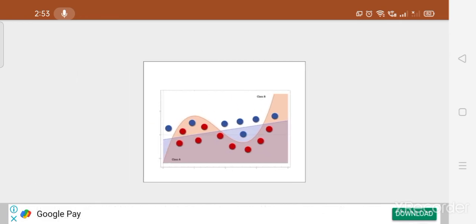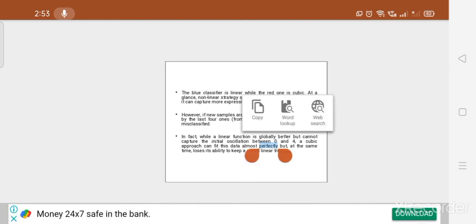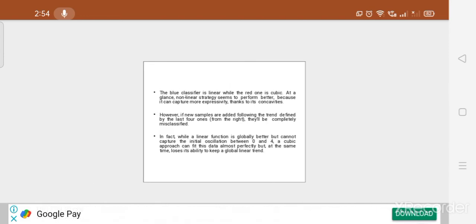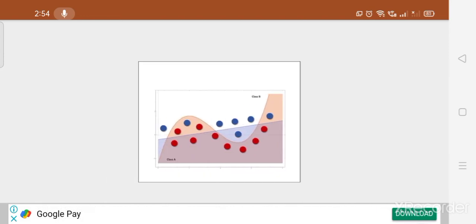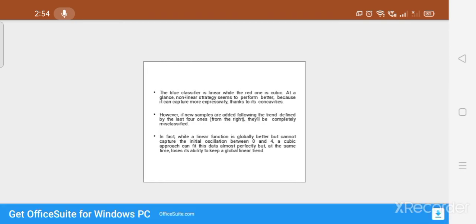If we consider the last four data samples, two blue and two red, they will be completely misclassified.